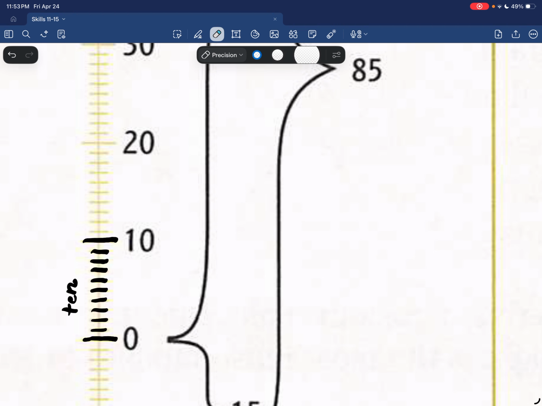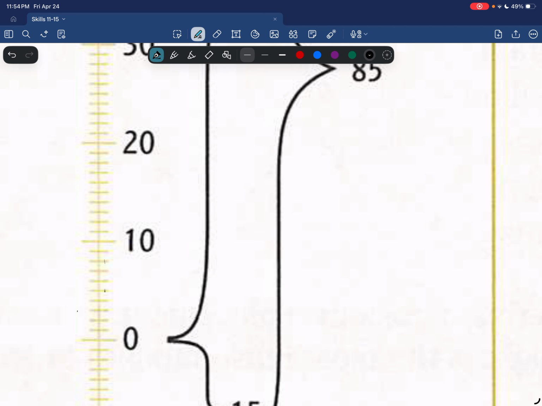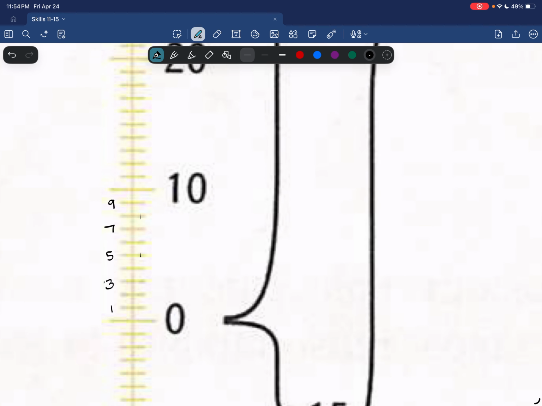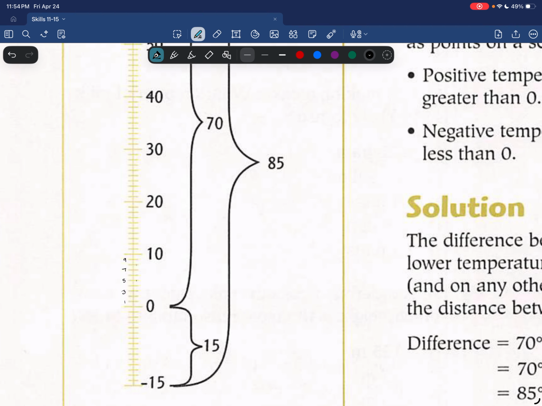This could be a Fahrenheit thermometer as well. Whatever it is, on this particular one each of those little lines represents 1 degree. So here would be 1 degree, 3 degrees, 5 degrees, 7, 9, and there's 10. You always want to figure out what that scale is.